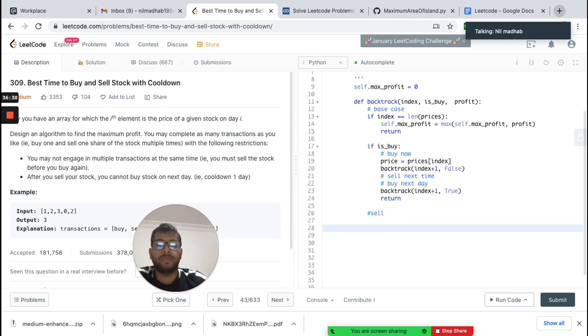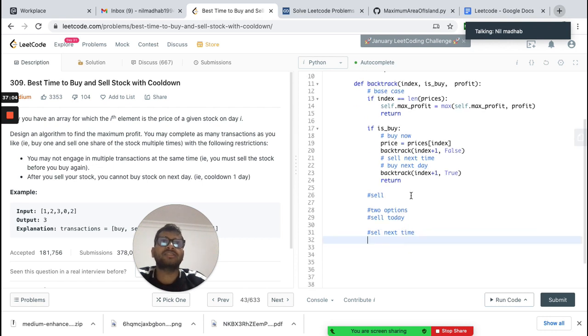So now what will be the profit? I can sell now or I can also sell the next day. Two options. Sell today or sell next time.